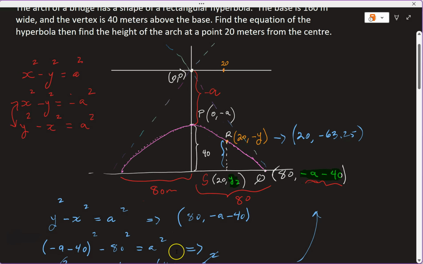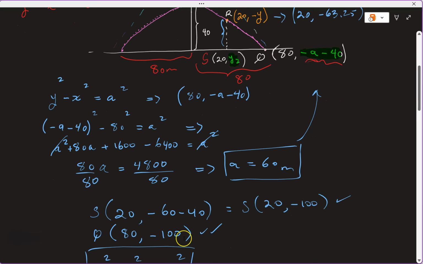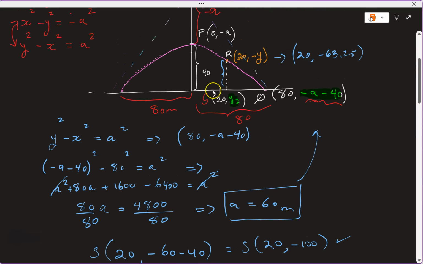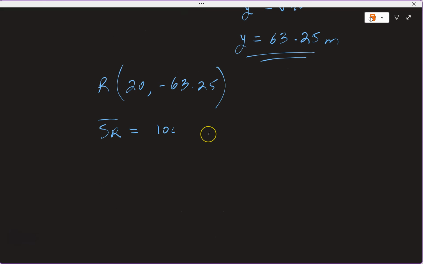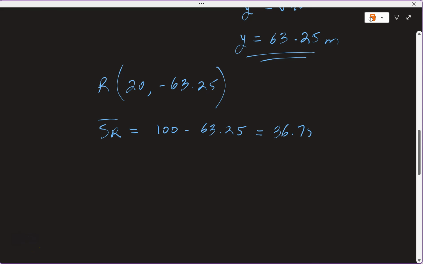So let's go ahead and find the length of segment SR. Okay, so this is S, that's R. We're going to call it line segment SR. So let's go ahead. That's SR equals 100 minus 63.25, which is equal to 36.75.